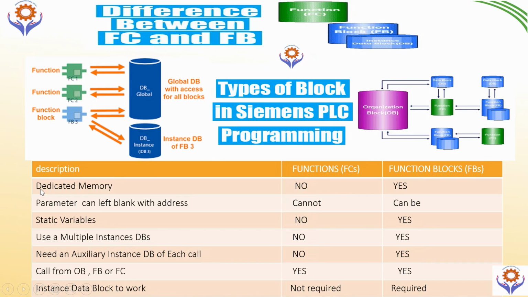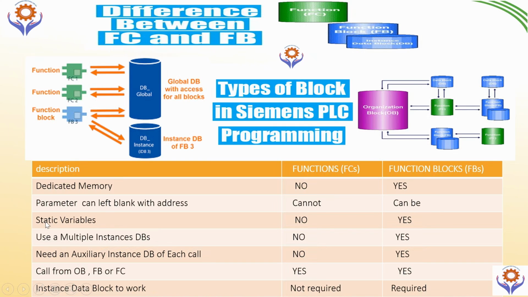If you see the dedicated memory, in the function there is no dedicated memory. But in the function blocks, it will create the dedicated memory. And also the parameters, you cannot keep blank with address. I showed you before. Now it will show some question mark. So it is not possible to keep an empty place for the address. But here it is possible, it will take the default value 0.